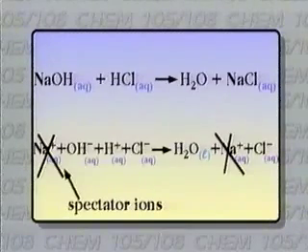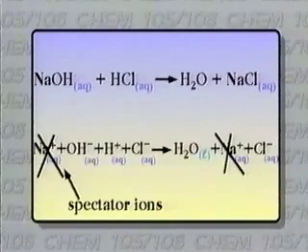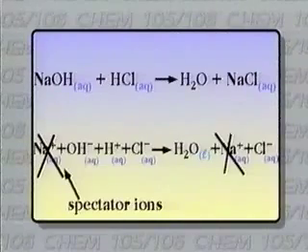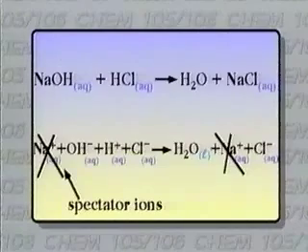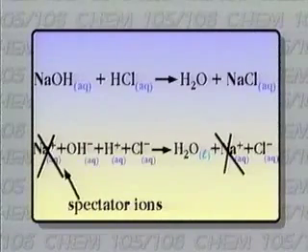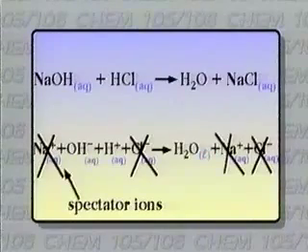We look here, is the hydroxide the same on both sides? No. We don't even see any hydroxide over here, so apparently it has changed. Hydrogen ion, don't see any hydrogen ion over there, so it has changed. Chloride ion, looks the same on both sides, doesn't it? And so right there then is another spectator ion.